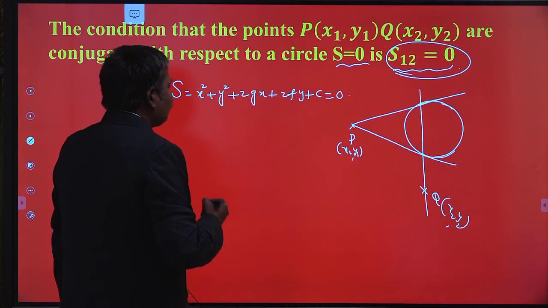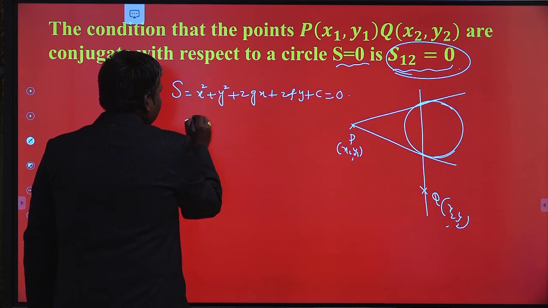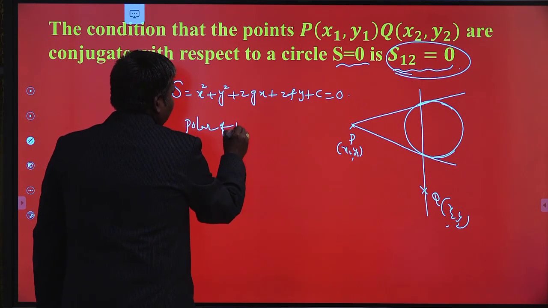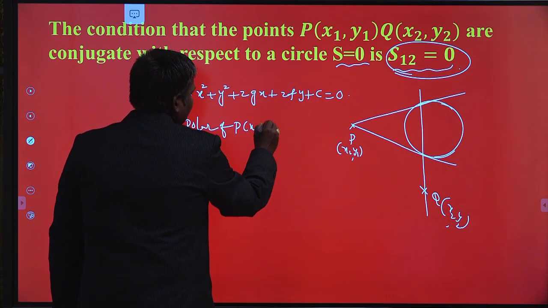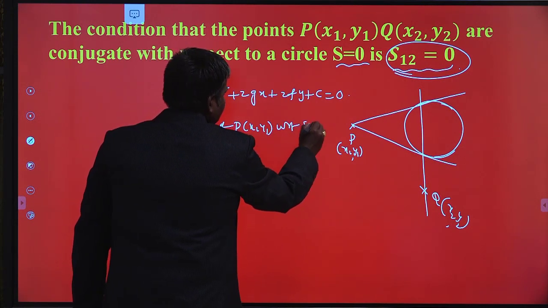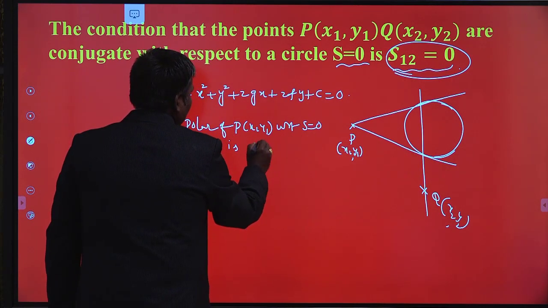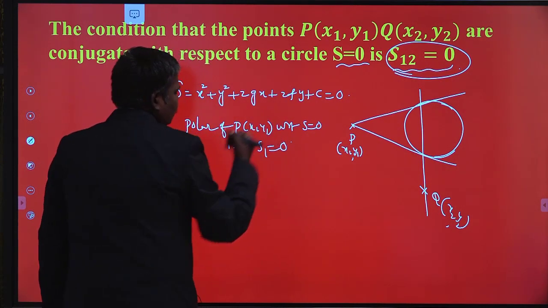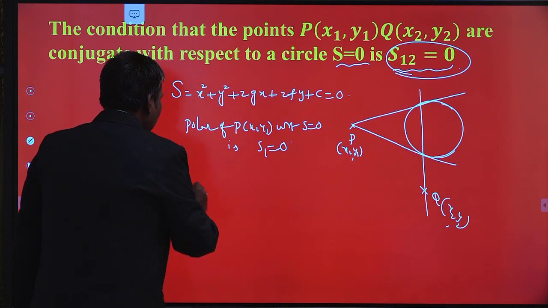Now polar of P x1 comma y1 with respect to S equal to 0 is what now? S1 equal to 0. What is my S1 now?